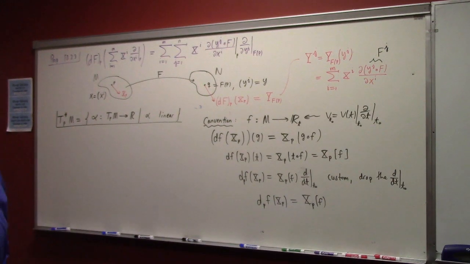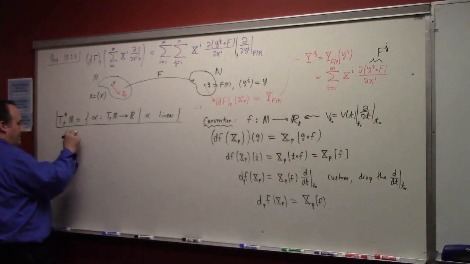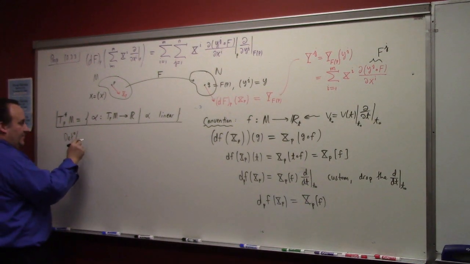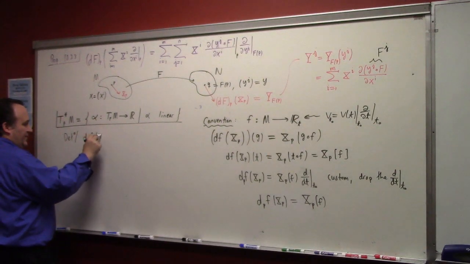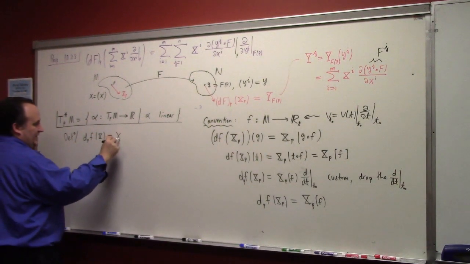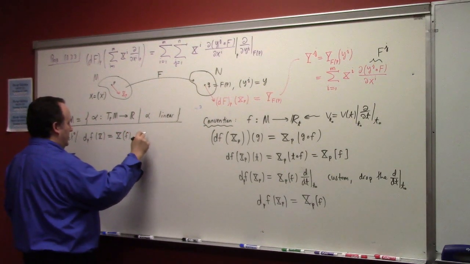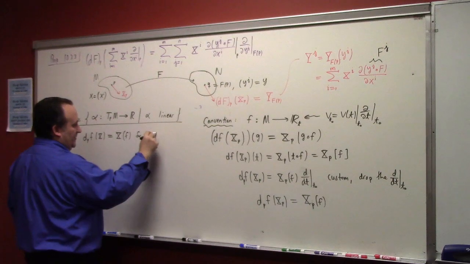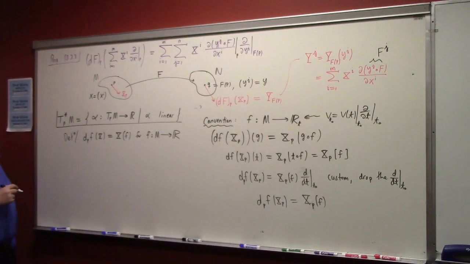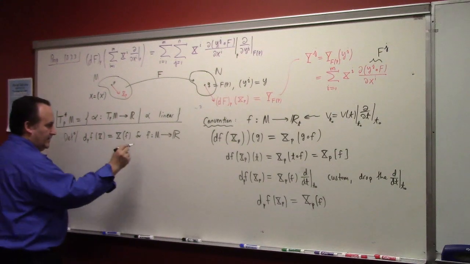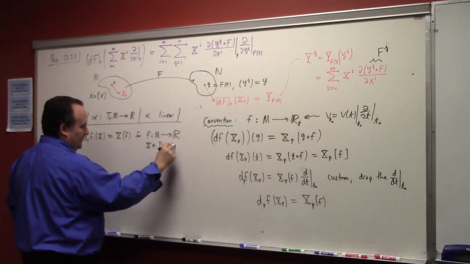More to the point, this is a definition: d_p f of x is equal to x of f, for f mapping from M to R, and x an element of the derivations at p of M, okay?